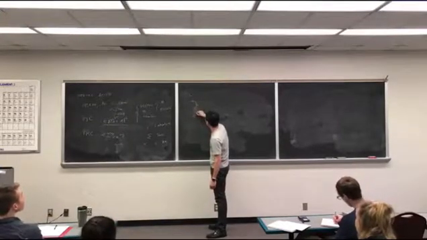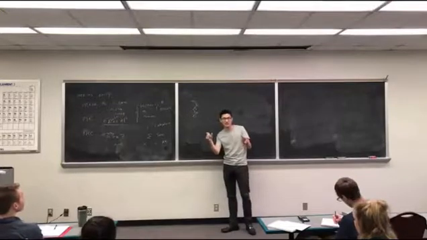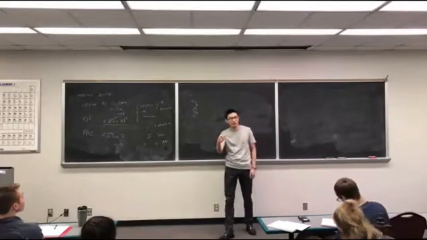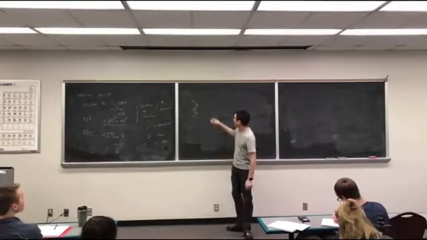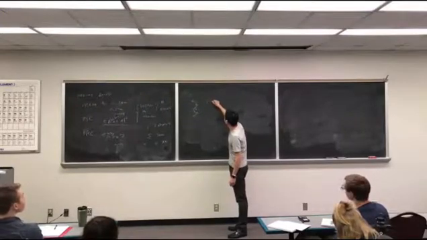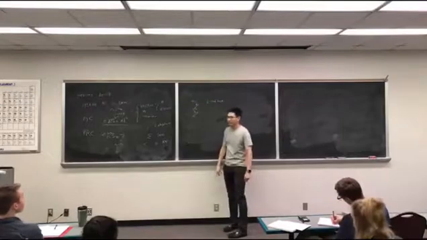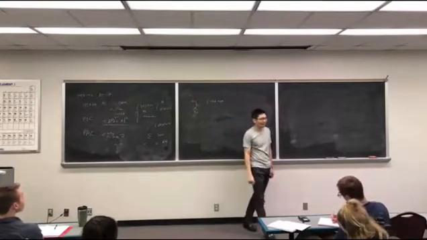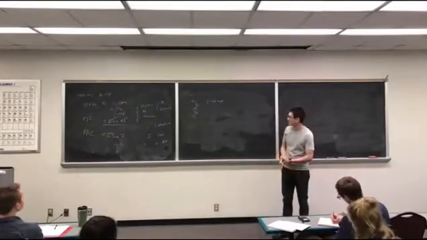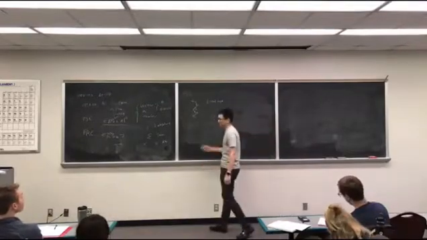So imagine these are freely rotating bonds, and the distance of each of them is fixed as L. Okay, L is the bond length. Now we're going to look at the end-to-end distance, this function.